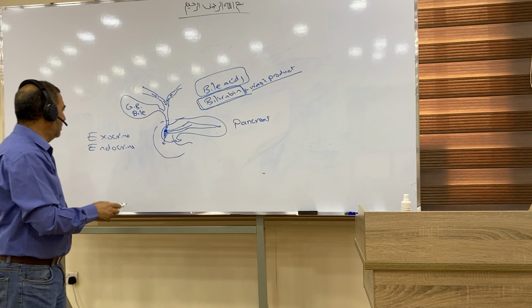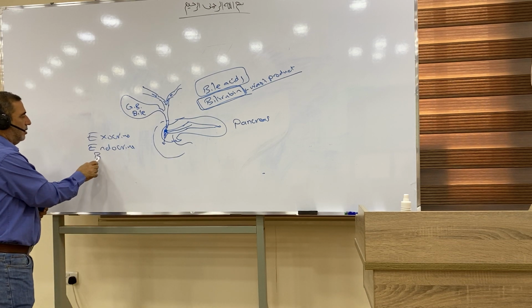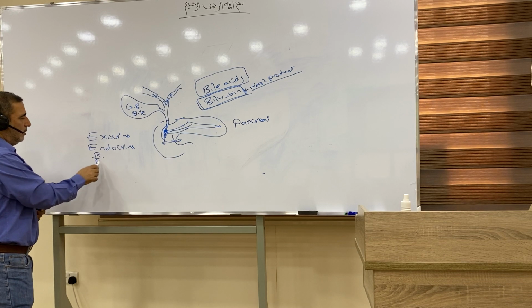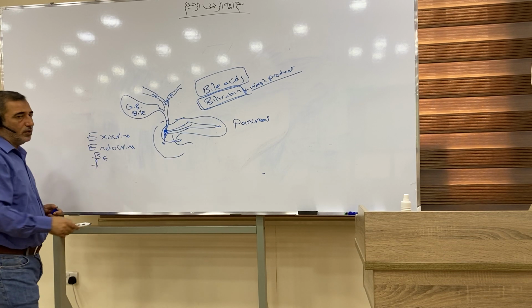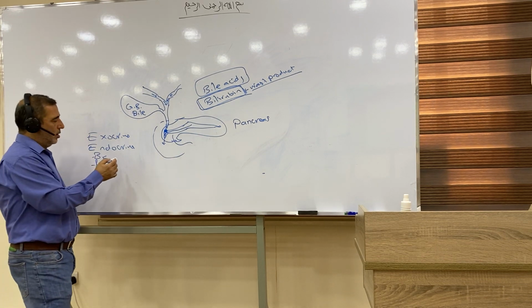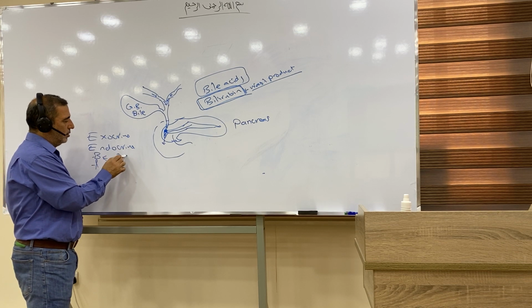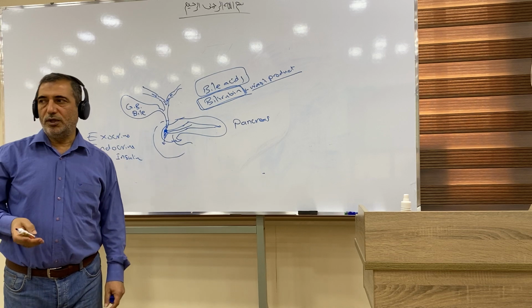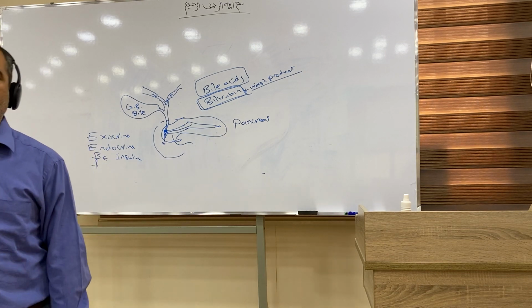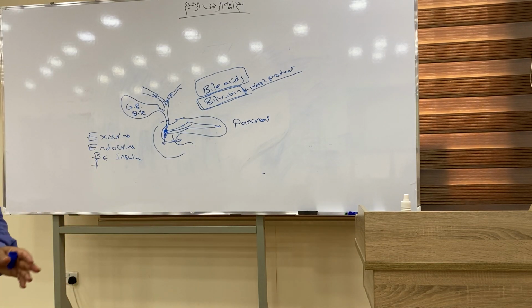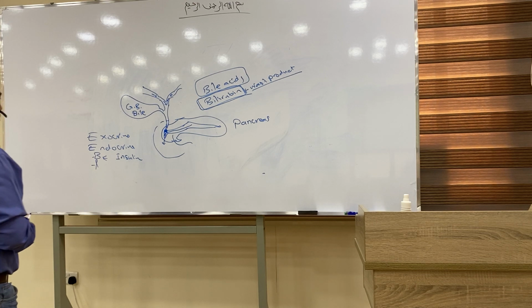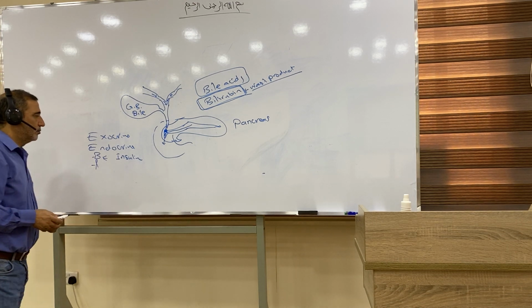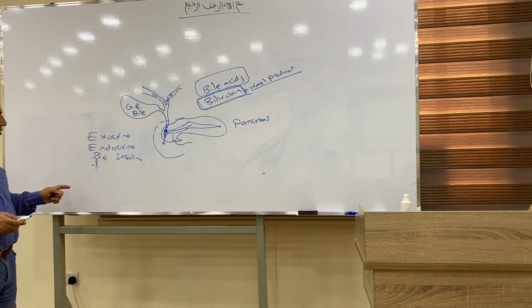Now the endocrine part, there are beta cells and alpha cells. Beta cells are responsible for insulin. And you know the importance of insulin in the body. It's very important in glucose metabolism, burning the glucose, putting it inside the cells.